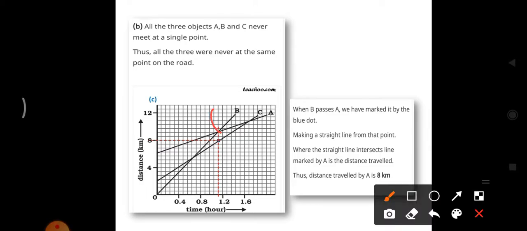When B crosses A, how much distance has C travelled? From the point of meeting, draw the perpendicular line to both the x-axis and the y-axis from the C line. So C travelled 8 km.